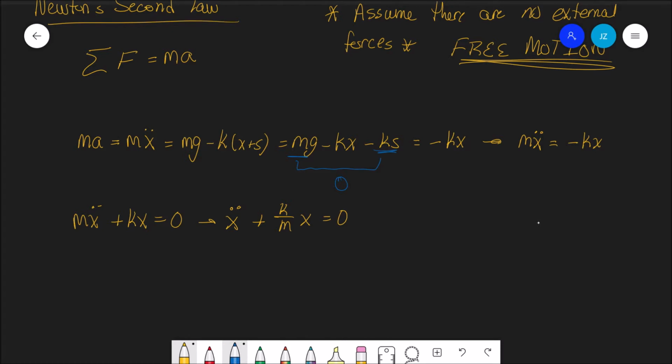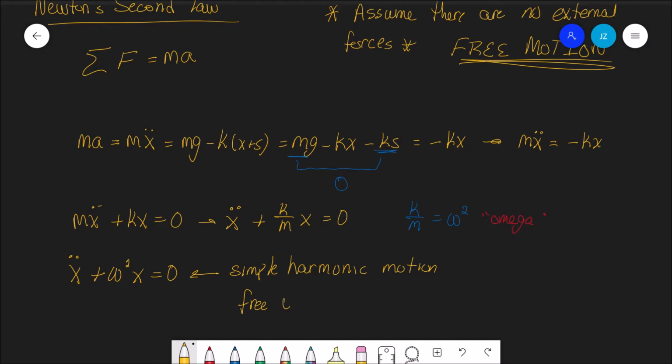We will replace k over m and say that is omega squared. And so we'll write the equation as x double dot plus omega squared x is equal to 0. This describes what is known as simple harmonic motion, or, as we'll be calling it, free undamped motion.